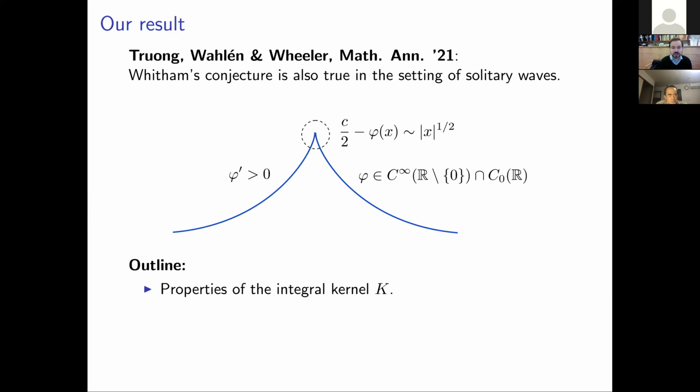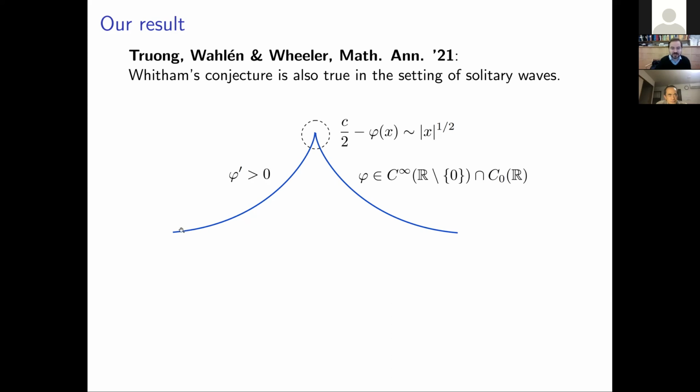And again, we actually construct a whole curve or family of solutions going from the trivial solution up to the highest wave. And this is a picture of what the wave looks like.